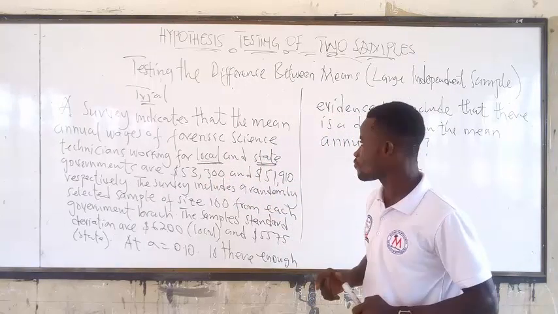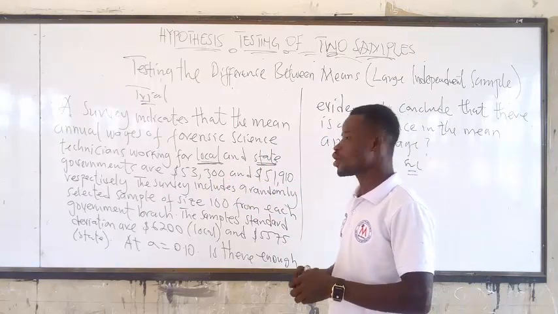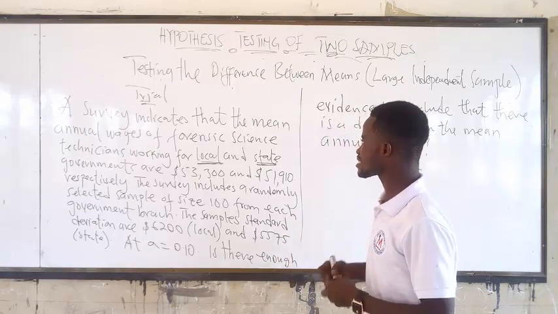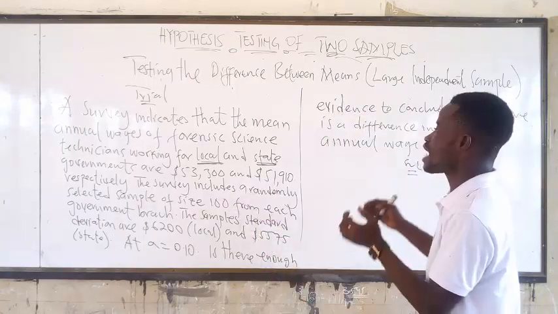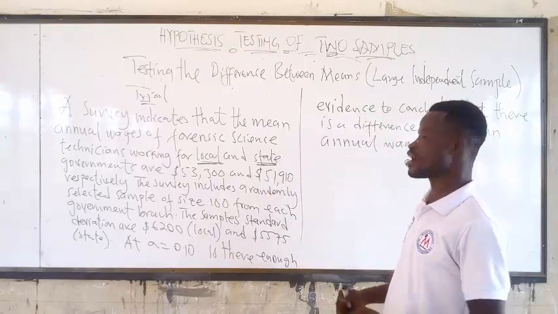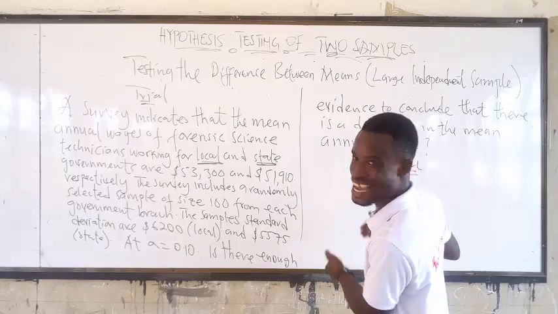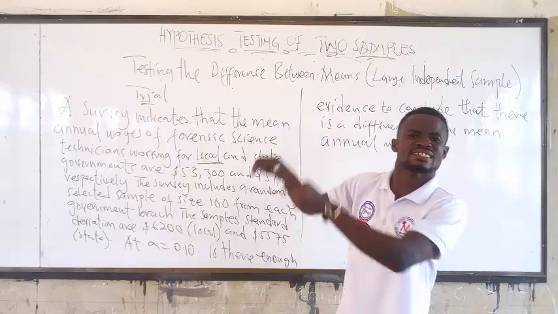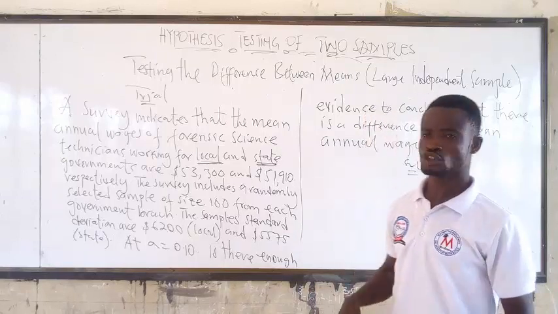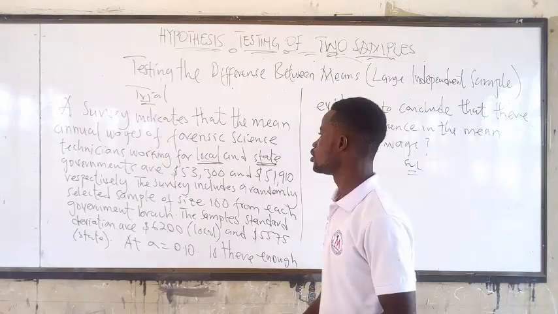So here it deals with two samples, right? We have those working for the local government, and we have the ones working for the state government. It's independent. That's how we indicate independent samples.